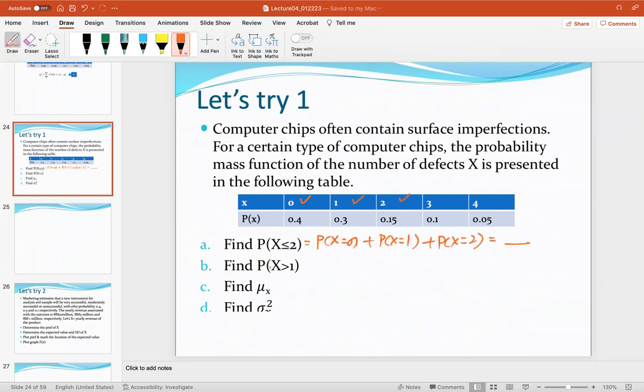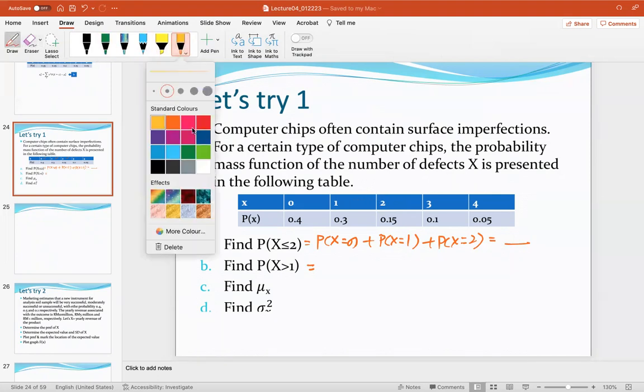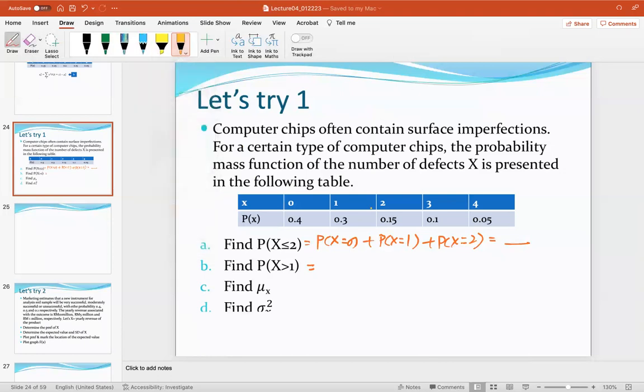Find the probability X bigger than 1. You can list down those bigger than 1. In this case, let's say I change it to yellow color. Which one is bigger than 1? So 2, 3, and 4.